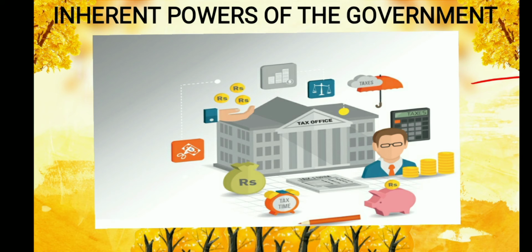Second, taxation, the authority of the government to impose taxes, charges, and fees from taxpayers under its sovereignty or territorial jurisdiction to support its necessary expenses. Third is eminent domain, the authority of the government to expropriate private property for public use upon payment of just compensation.